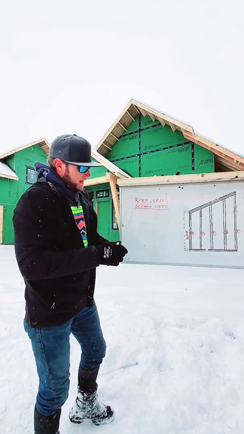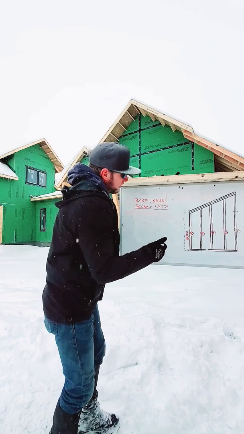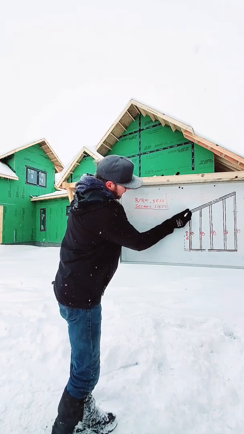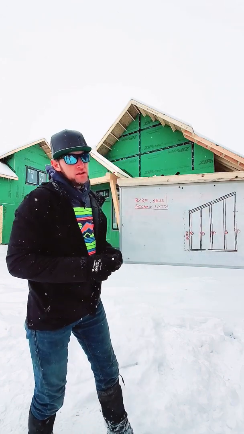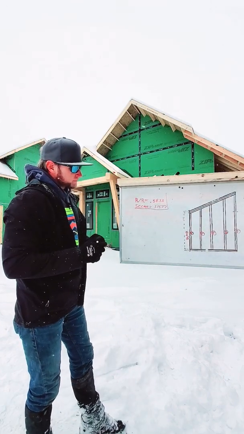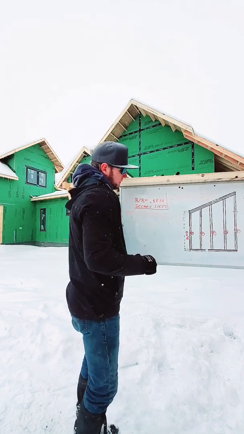The truss sits on top of that standard wall and begins its vault right there and takes off up at a 7/12 pitch. That's the example that we're going to use in this scenario.